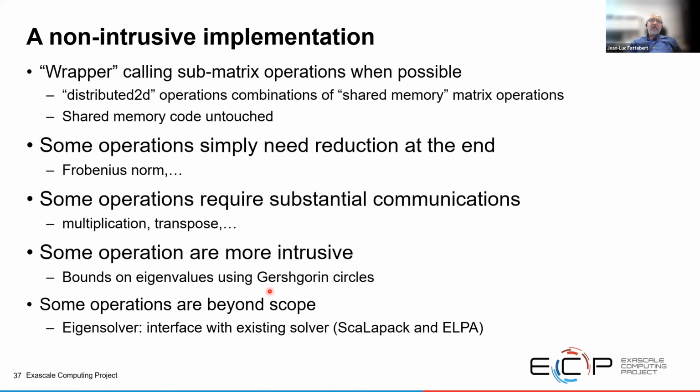Some operations have been more demanding, and some we're not even addressing, as they are beyond scope. We're not trying to rewrite a new dense distributed solver. For that, for example, we use ScaLAPACK on CPU and ELPA on GPU. But again, our library provides a unified interface for all that.